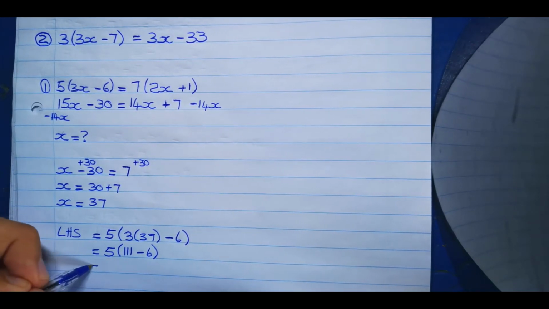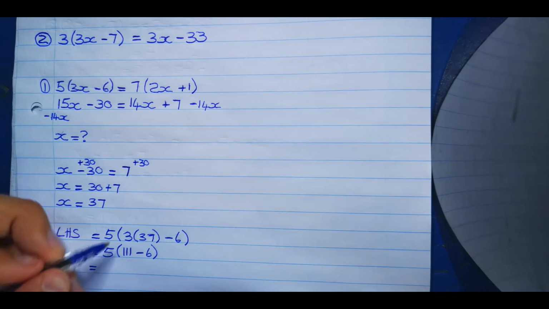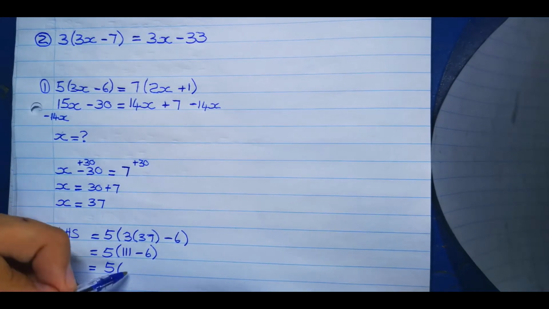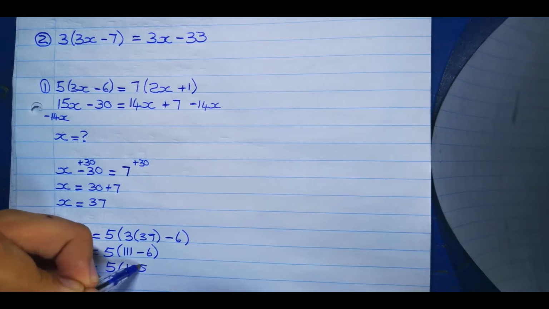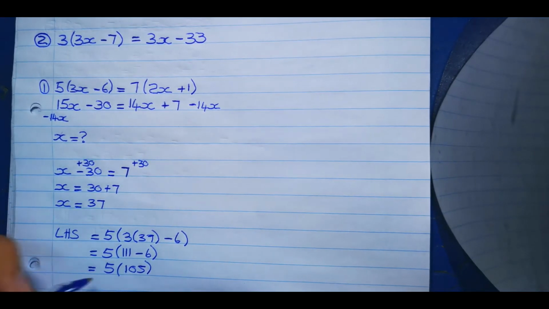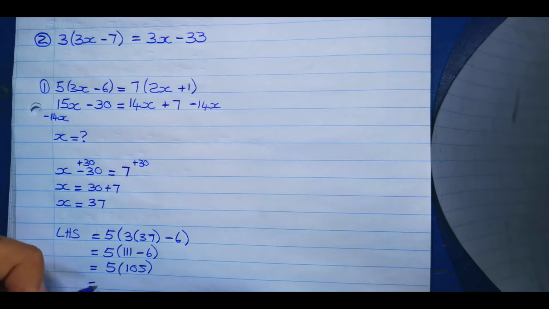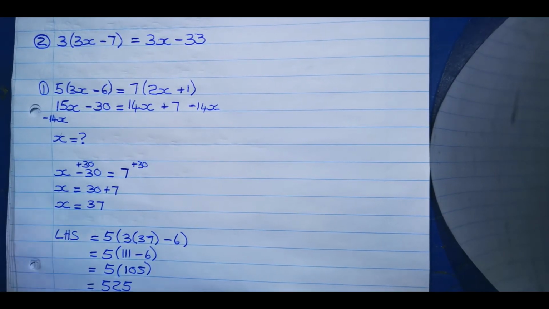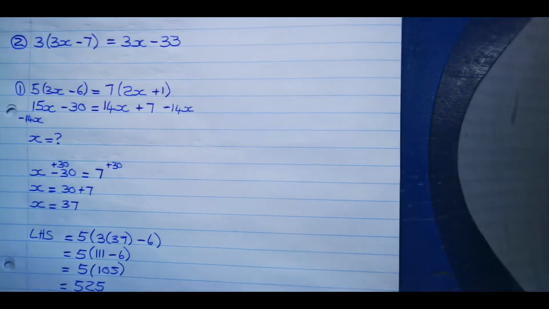And then we are left with 5 times 105. And then our left hand side is 525. So now we check the right side.